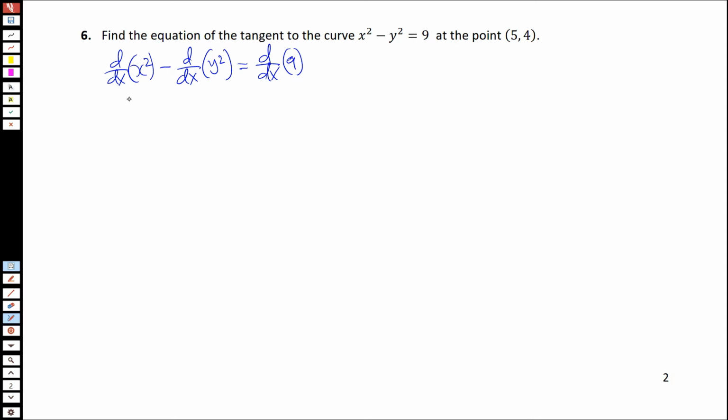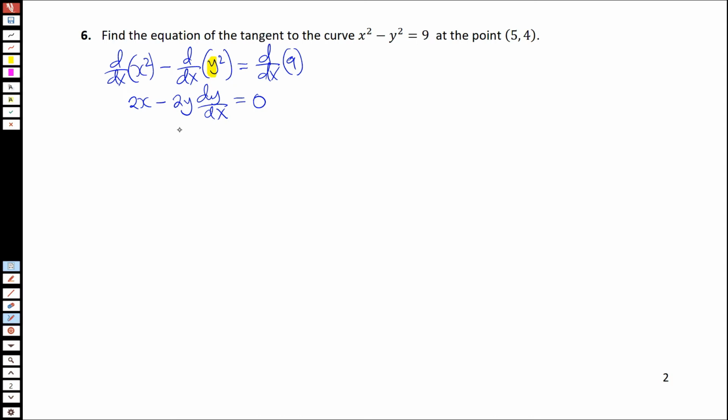Now the derivative of x squared is just 2x, and for the derivative of y squared we use the chain rule. You start with the outside, which will be 2y, and then the derivative of y is just dy over dx, which will be equal to 0.